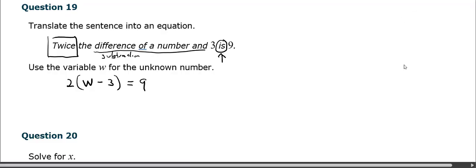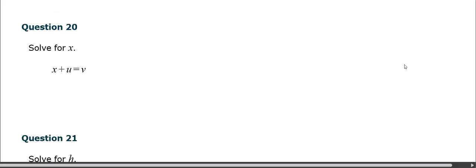Now the next problem says solve for x, and you notice we have more than one variable. It says x plus u equaling v. So we're going to go through the same process as we normally would do. We would remove parentheses, combine like terms, and isolate the variable that we're solving for. Since we're solving for x, we want x to be by itself.